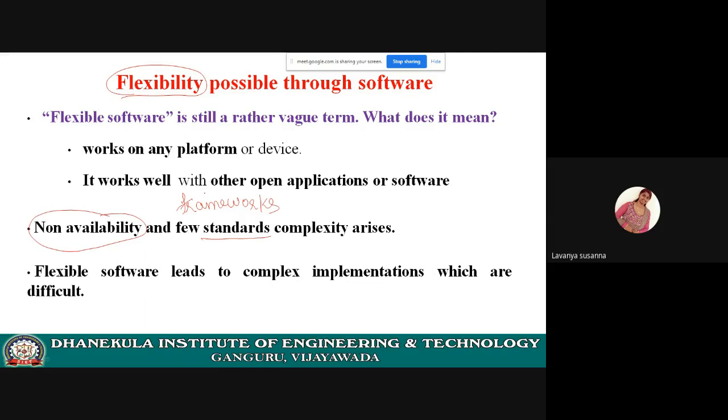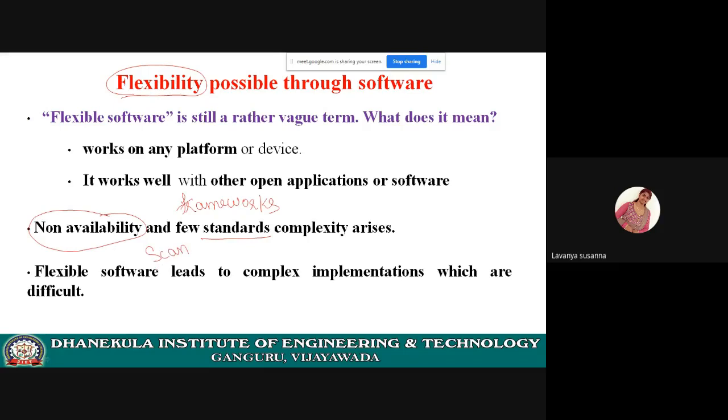For example, to scan a document, you are downloading some scan application, right? Some scanning app. You are not purchasing an industrial scanner, a big scanner machine. You are just downloading from the Play Store. So how is it working? These scan applications are flexible software.